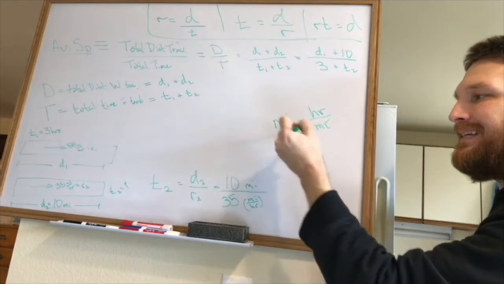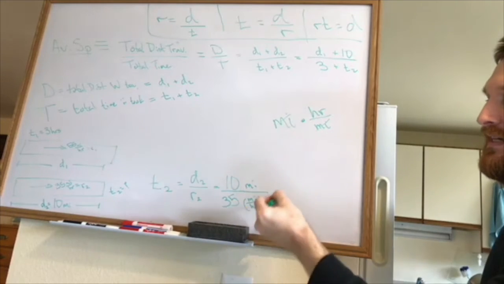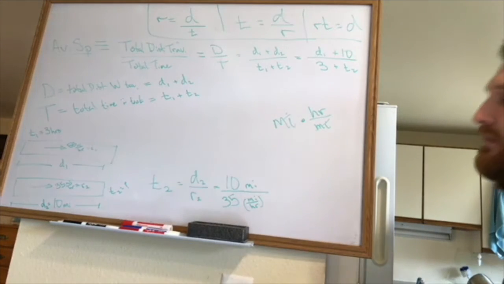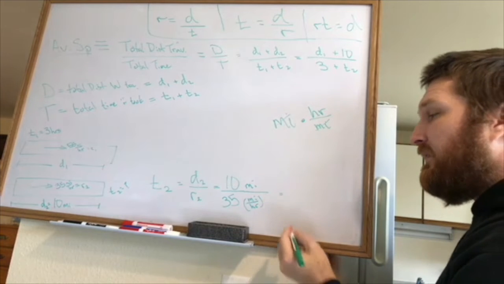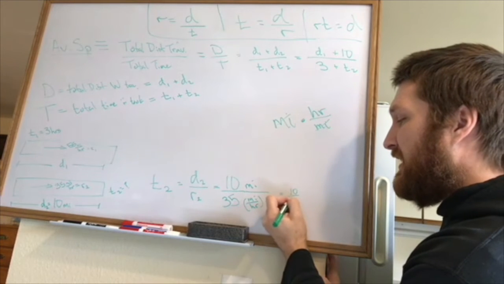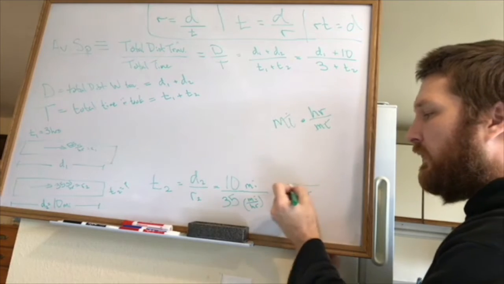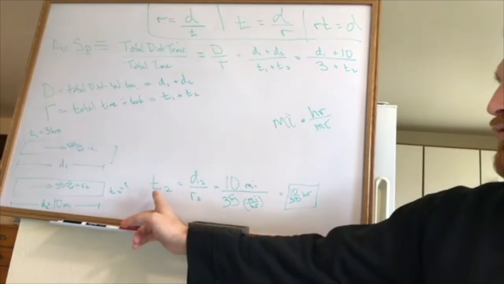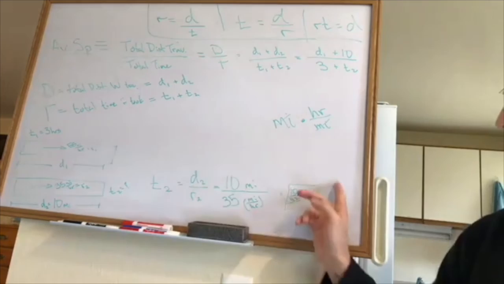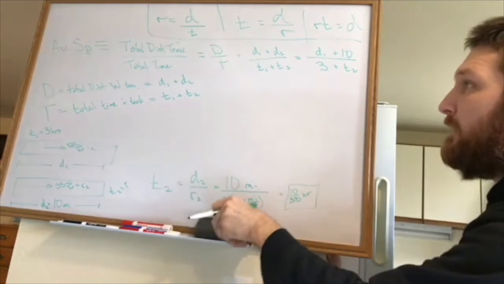The miles cancel and we're left with a quantity that is just in hours, which we expect. That's what should happen. So 10 divided by 35, I'm just going to call it 10 over 35 hours. That is the total time it took him to drive the 10 miles right there. That is the second time. So I'm going to go ahead and put that up here.